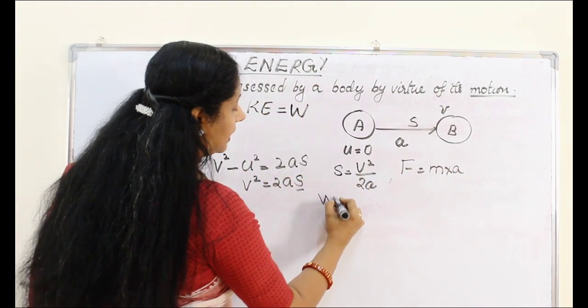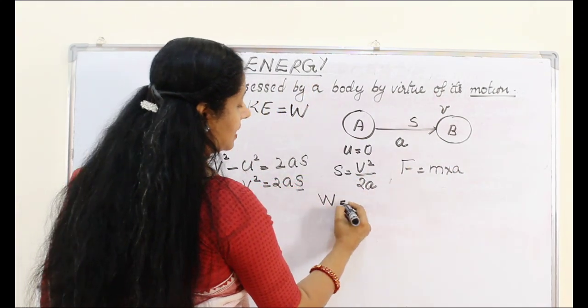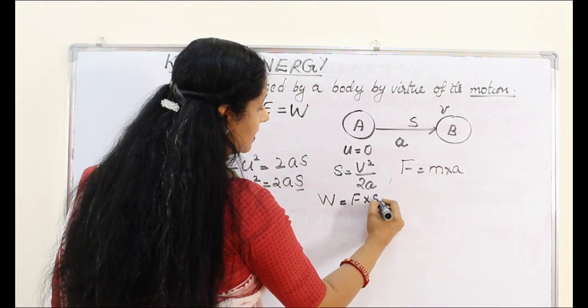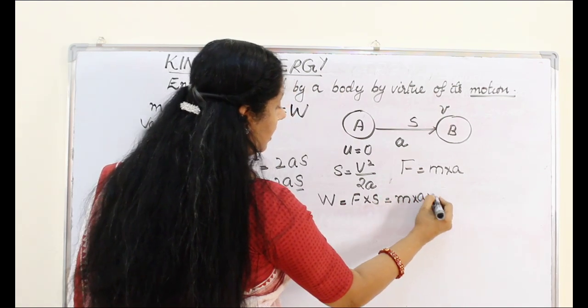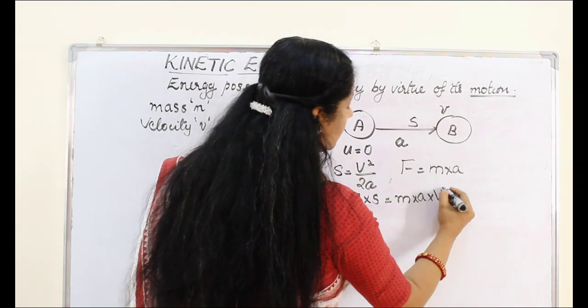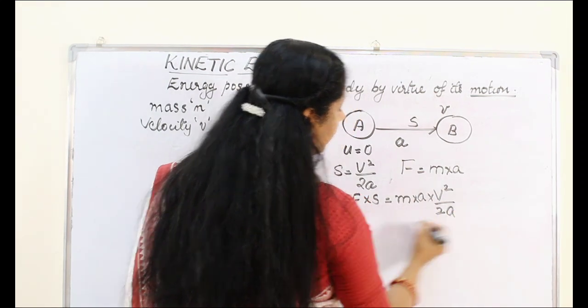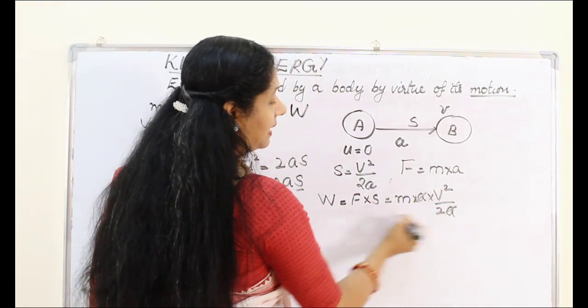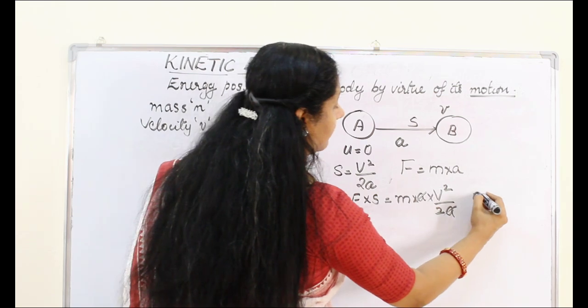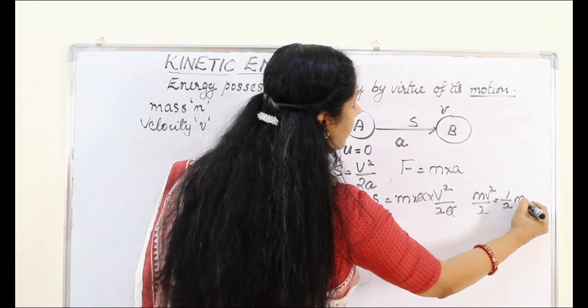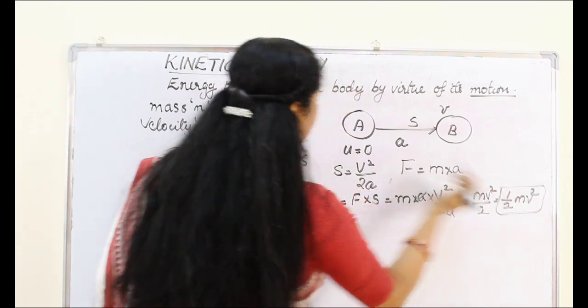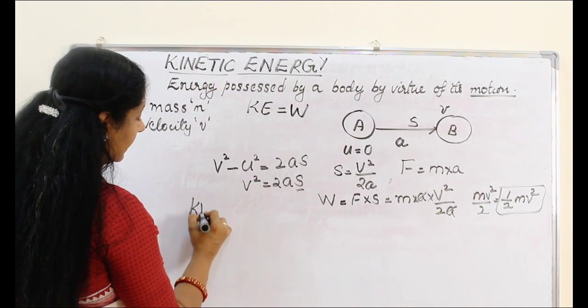The work done in moving the object is force into displacement. So if we substitute force as m into a, and displacement as v square by 2a, a will get cancelled. So what we have is m v square by 2, which can be written as 1 by 2 mv square. So this is the formula of kinetic energy.